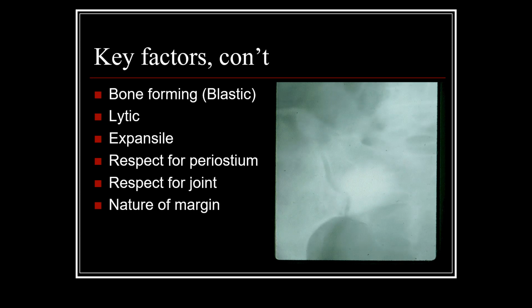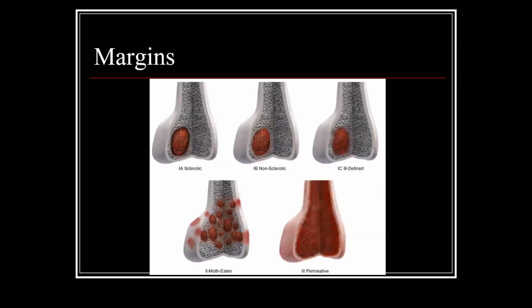Is it permeative? Is it sort of a sclerotic pattern, and so forth? Those kind of differential things can be very critical in defining the nature of the lesion, and that's why it's so important to look at the bone and get a feel for that.